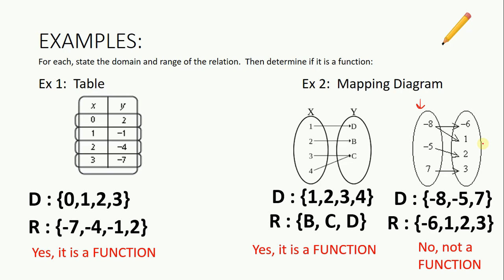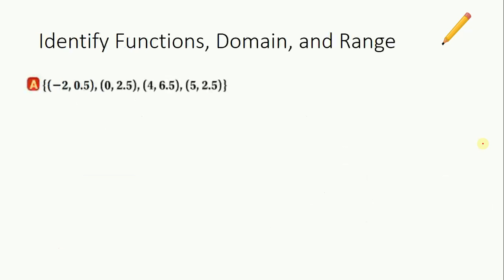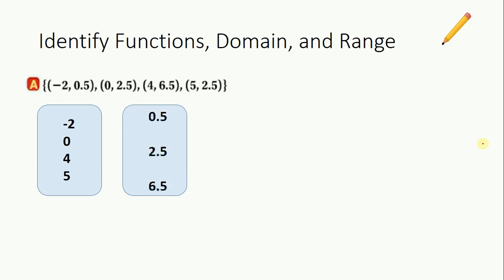Can't have that happen. Now, let's look at a list of numbers. Some students struggle a little bit more when it's a list. So we're just going to put those inside of a mapping diagram. It makes it a little easier for us to visualize, especially to see if it's a function or not. So, let's draw in our arrows. -2 is going to go to 0.5.